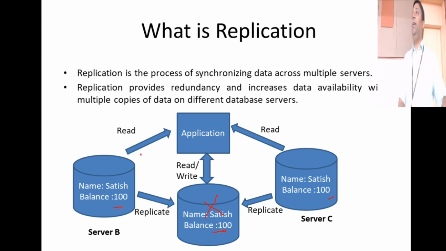At the same time, parallel reads can happen, so it increases the performance of your reads. So this kind of process of copying data is called replication, and we are going to see how replication is supported in MongoDB.